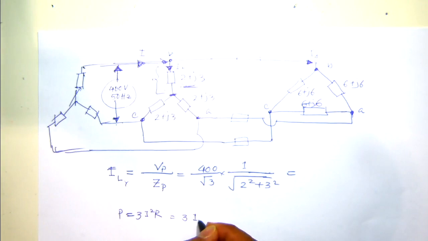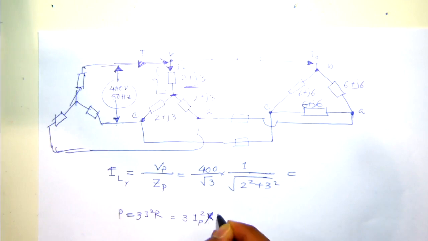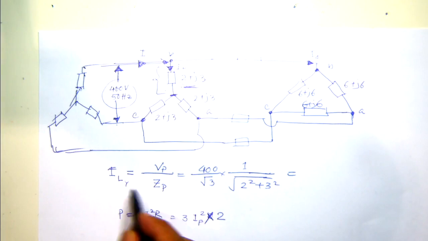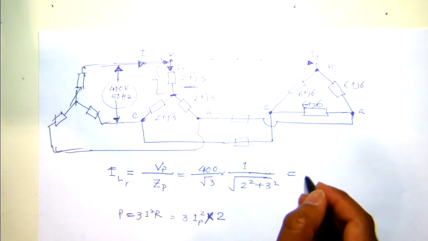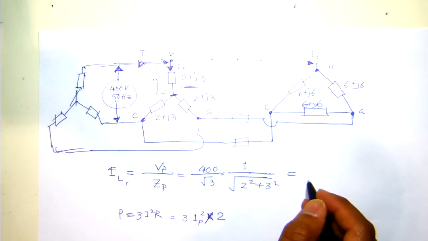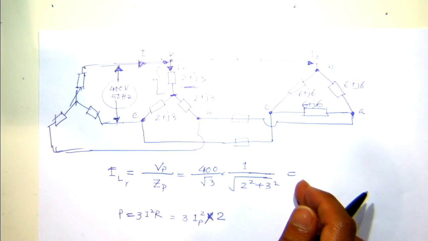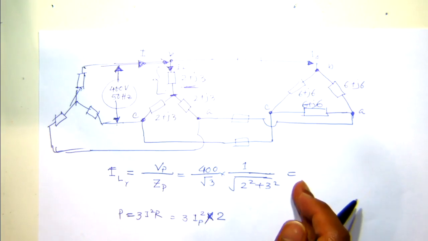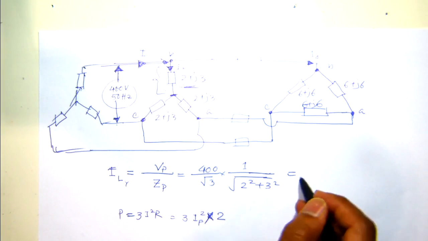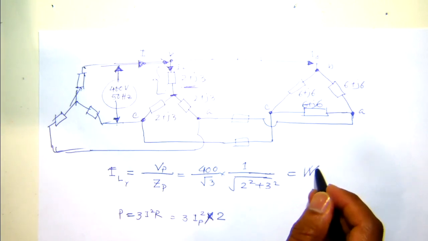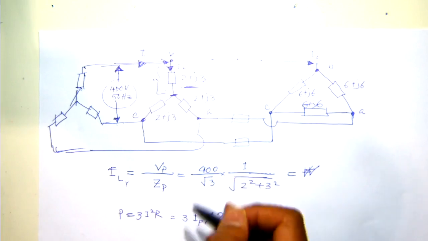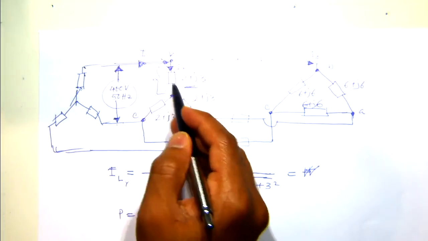It doesn't matter, because phase and line are the same in case of Y. So 3 I phase squared R, where R is 2. And I phase will be whatever we get here, divided by root 2. Yes or no? We get our line-to-line current. Is that different from the phase current we want to consider here?